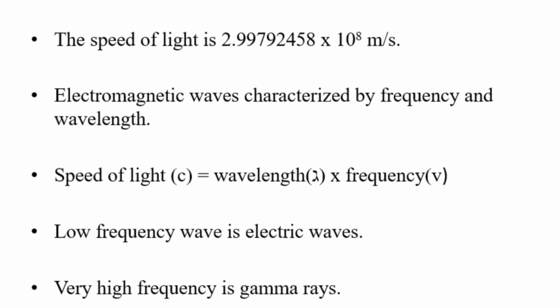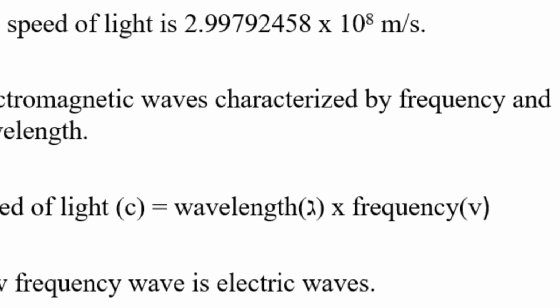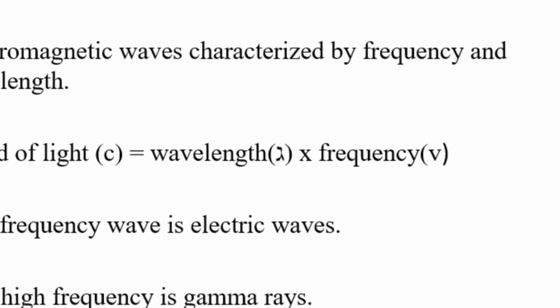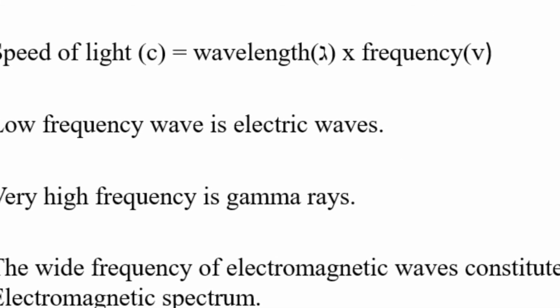The wavelength lambda of the electromagnetic wave is the distance from any point on one wave to the same position on the next wave. The wavelengths commonly used in remote sensing are very small. It is normally expressed in micrometers.